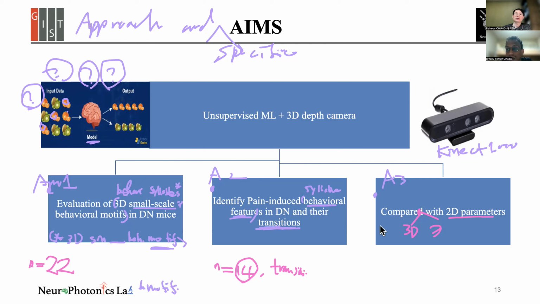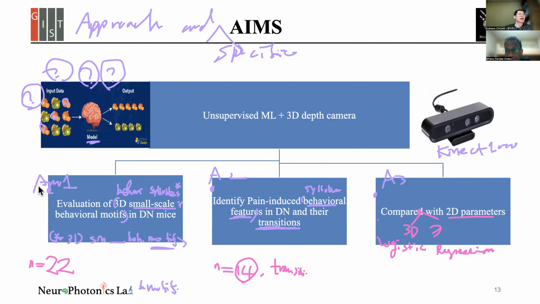Okay. And then what did you find? We found in the result that the motion sequence identified using MOSIC outperforms these traditional methods in our DN model. Okay.